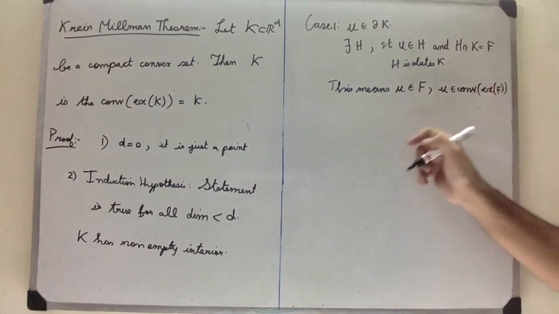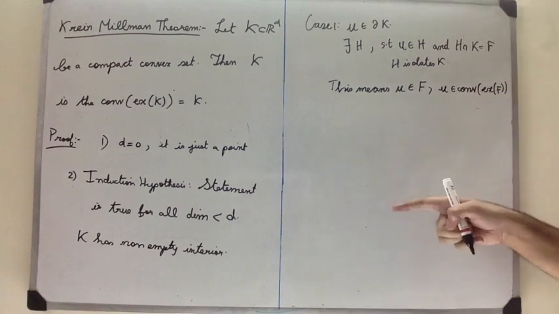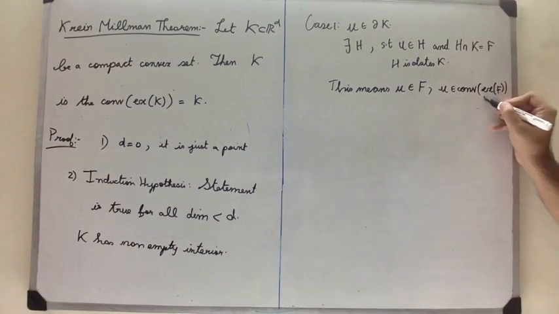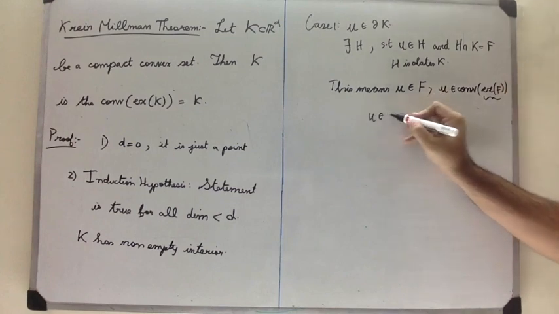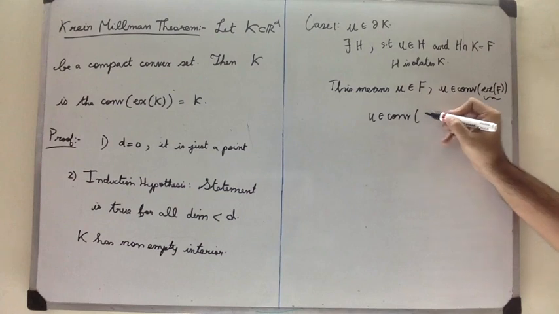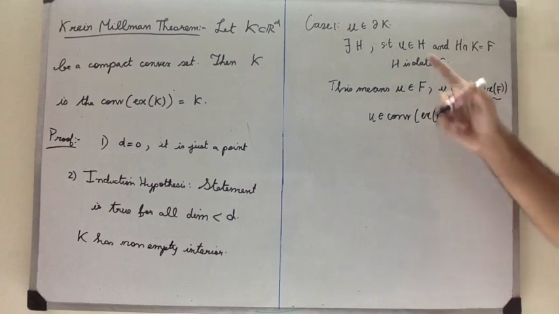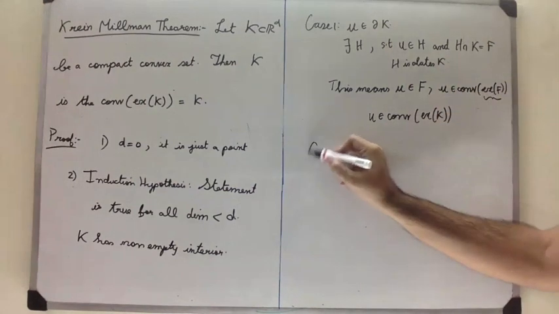And as we proved in our earlier theorem, an extreme point of the face is an extreme point of the set itself. So u is an element of the convex hull of extreme points of K. Thus we are done for the case when u lies in the boundary.